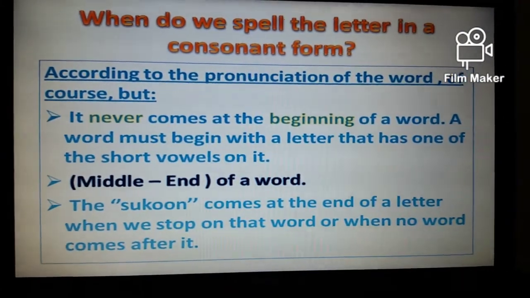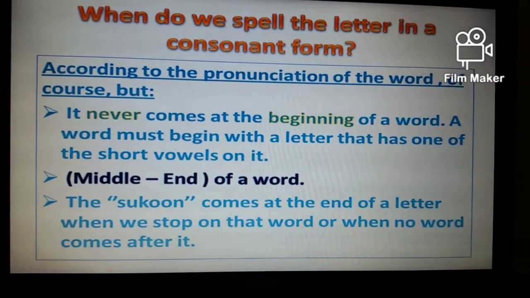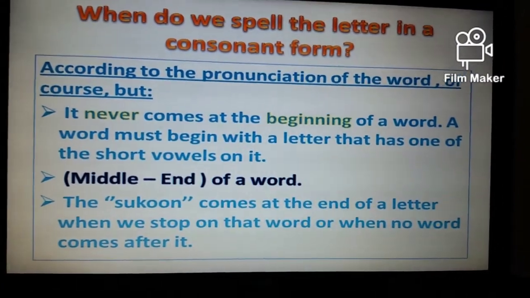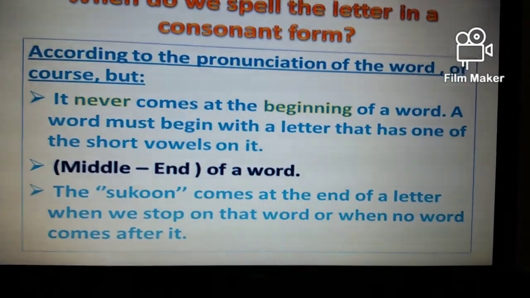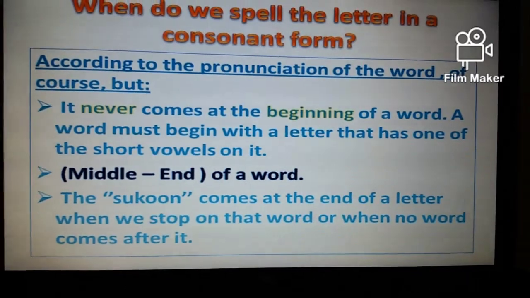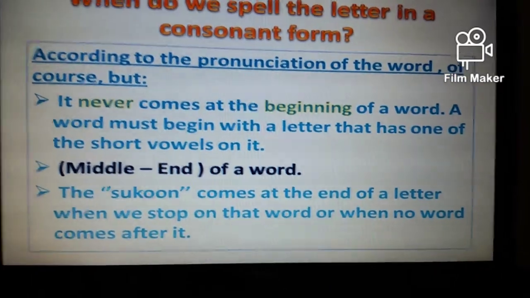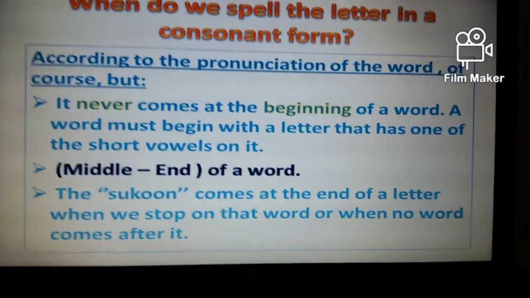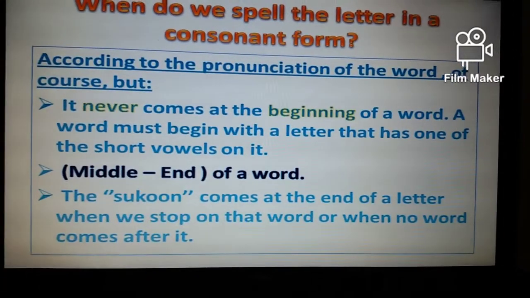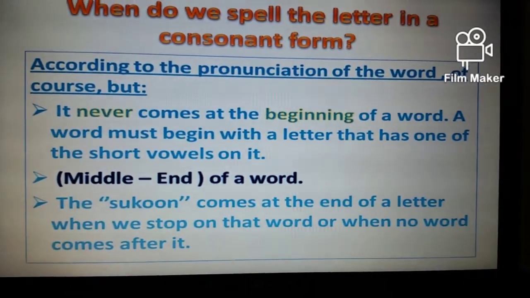So usually when you tell me what's meant by, let's say, an animal like the lion, I will tell you asad. So when I stopped on the last letter, I pronounced that last letter with a Sukoon over it. I said asad. So I stopped on the last letter, the dal, with the Sukoon, okay?